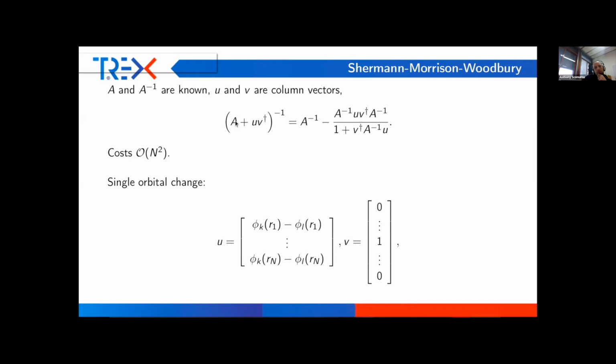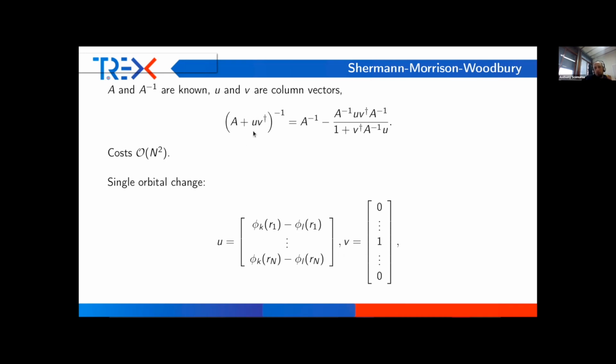For example, if you do a single orbital change, suppose you substitute the orbital L by orbital K, U will be the vector where you have the orbital K minus the orbital L, because you remove L and you insert K instead.